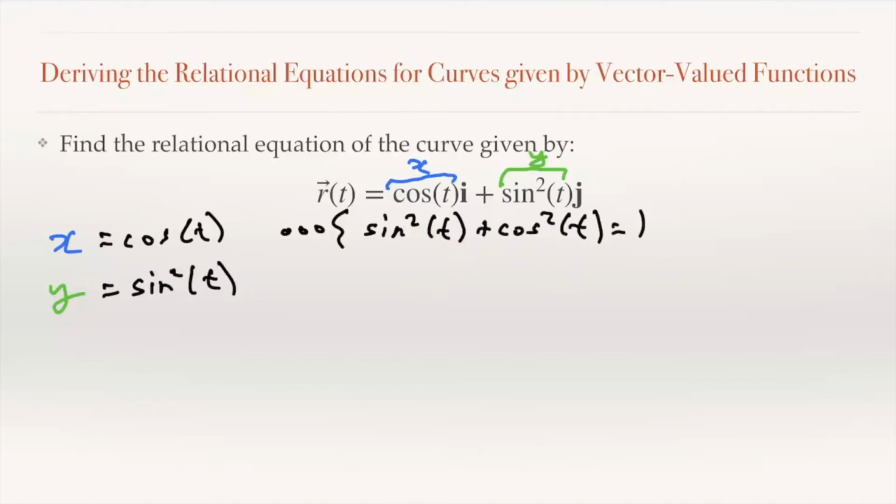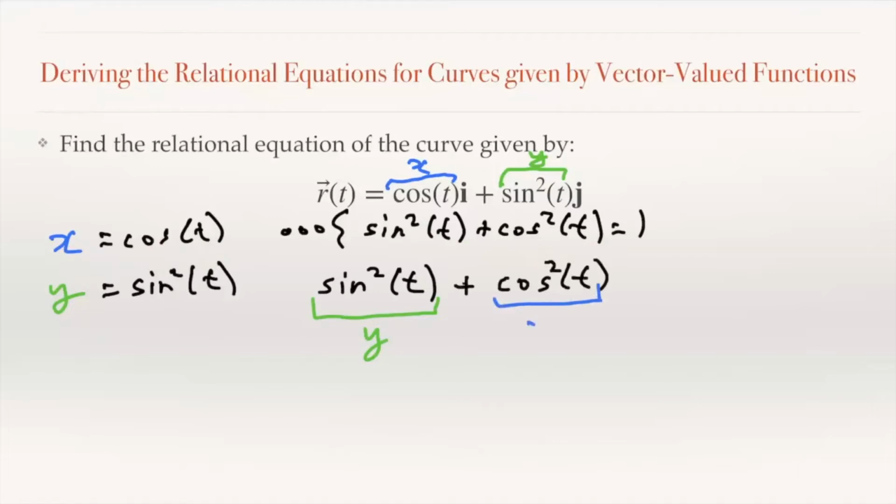Well, y is sine squared. That's already taken care of. And x is cosine t. We want a cosine squared. So if we square that cosine, squaring both sides of this, that is x squared.